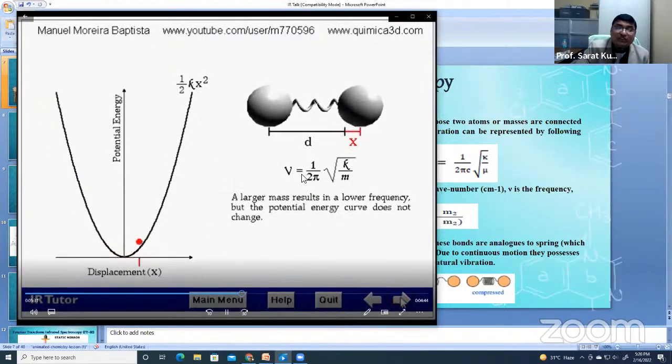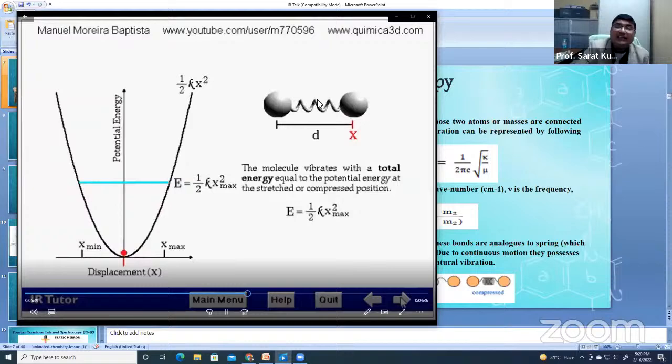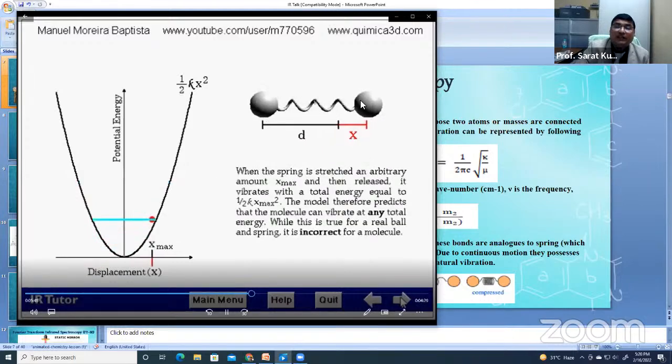So mu bar is directly proportional to the force constant and inversely proportional to the reduced mass. If the atoms are small, they vibrate more frequently, and when the atoms are big, the vibration becomes less.